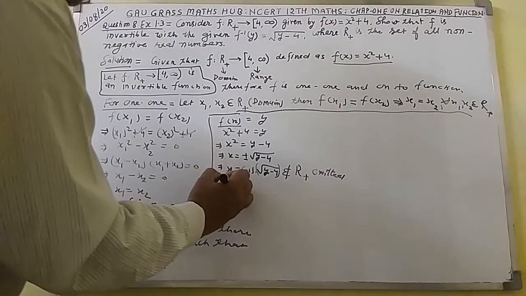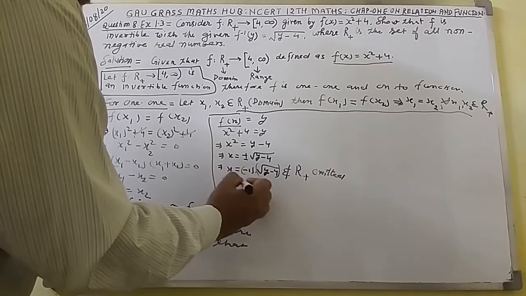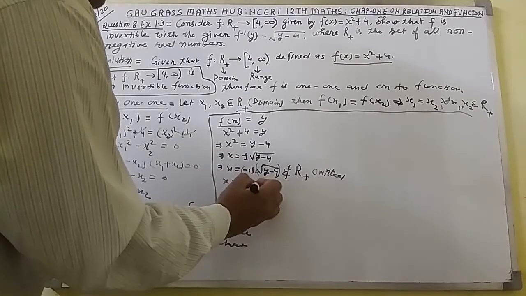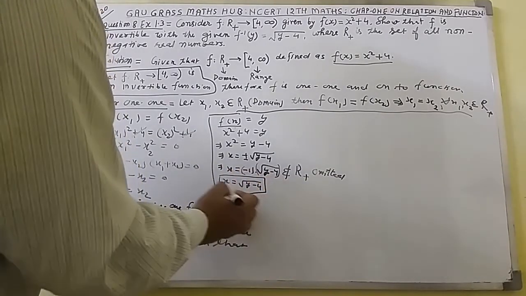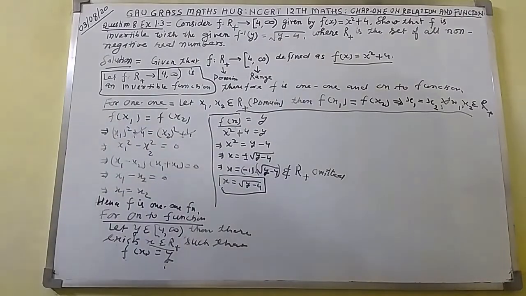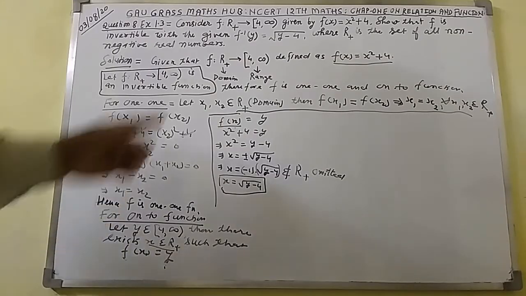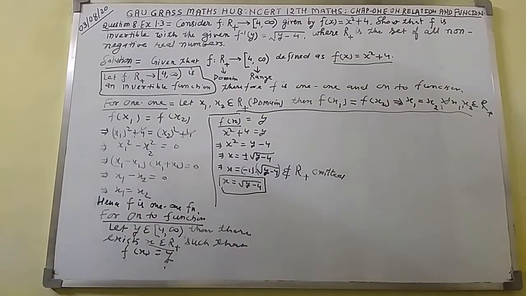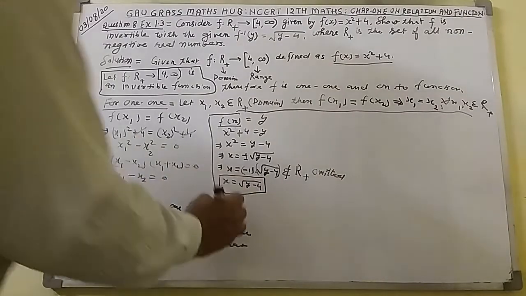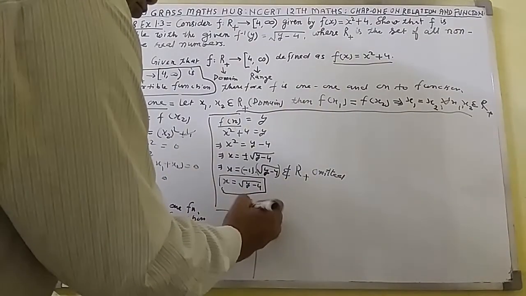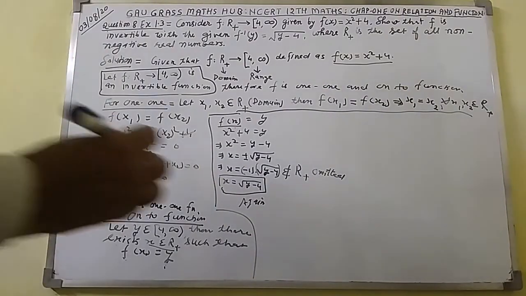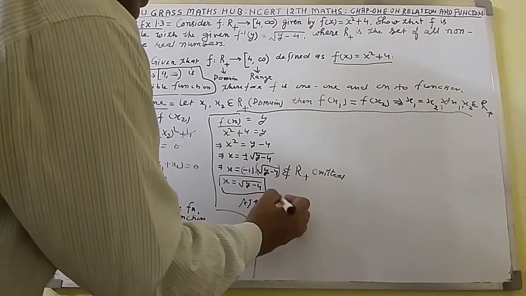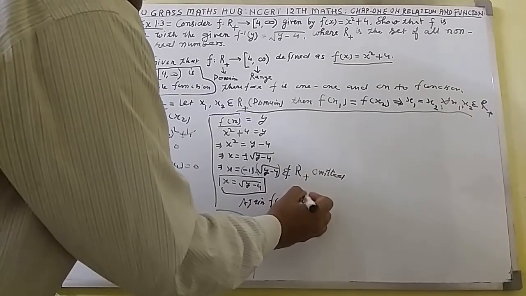So I shall get here x equal to the positive value under root y minus 4. This one value I have got. So what to do in order to prove this function as onto function? Again I shall write here f(x) equal to x square plus 4.